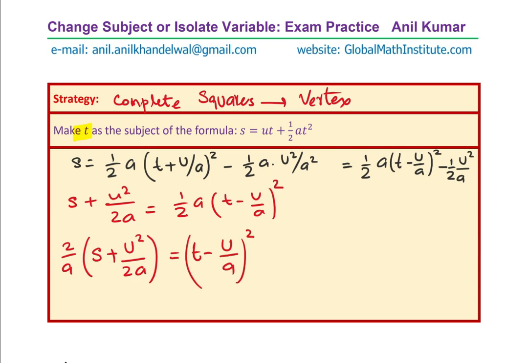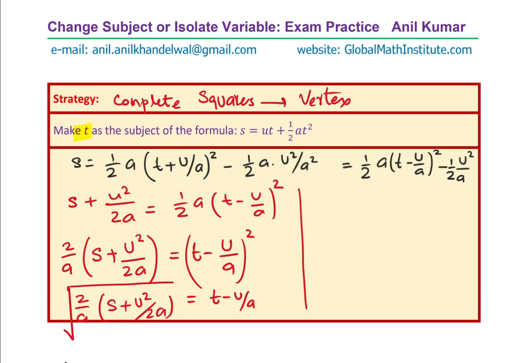And now we'll square root it. So when you square root, you get 2 over a within brackets s plus u square over 2a equals t minus u over a. And now you can isolate t, right?